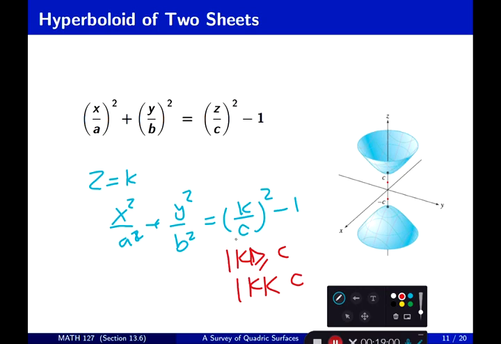But if k is bigger than c, you get all these ellipses. For k equal to c, that's z equal to c, you only get x and y equal to 0 in here.